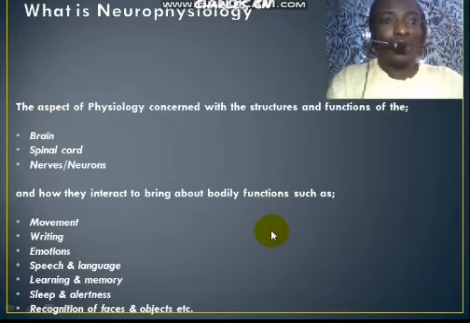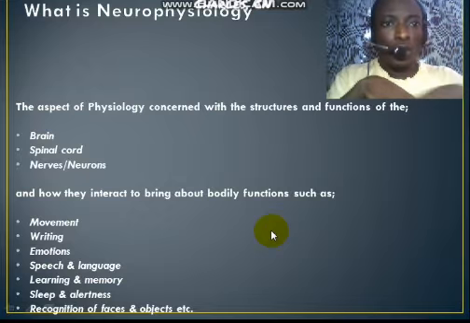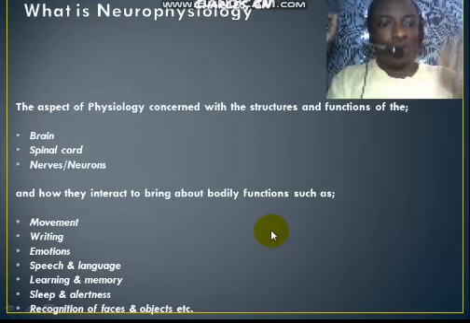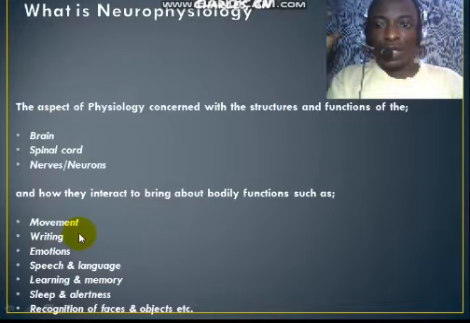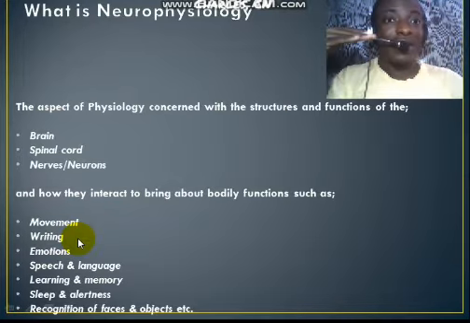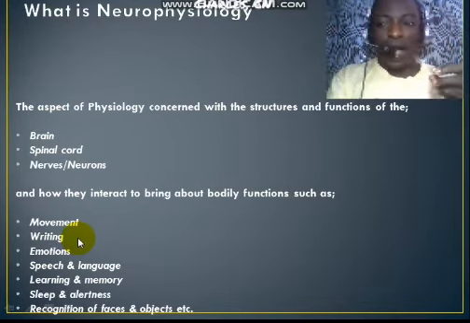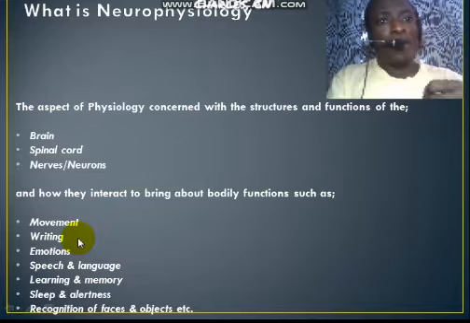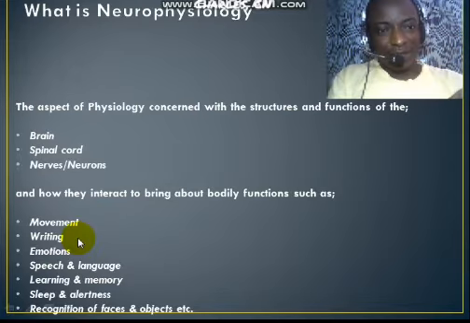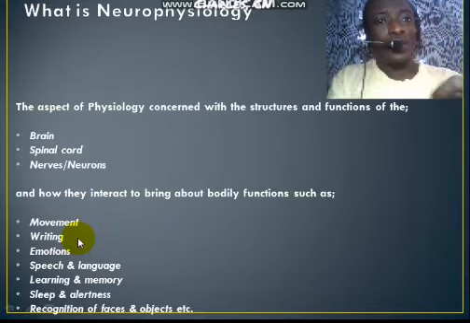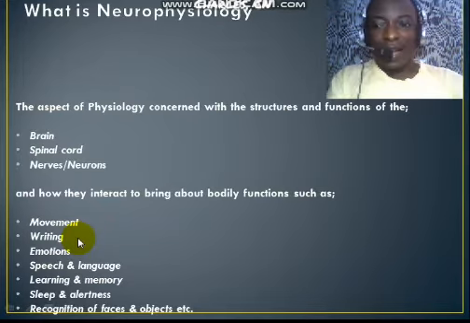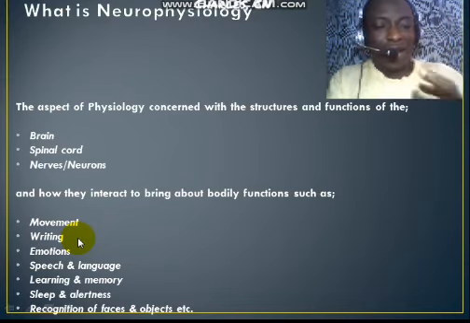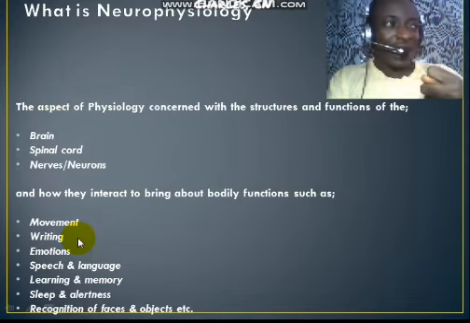There is an aspect of neurophysiology known as physiology of motion. We are going to do that in neurophysiology too. Also, writing is a kind of movement known as skilled movement. When you pick up your pen to write, you are not just doing that on your own. There are structures in the brain controlling movement of the hand, first grasping of the pen between the fingers.